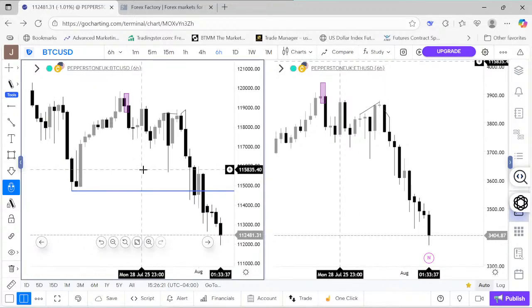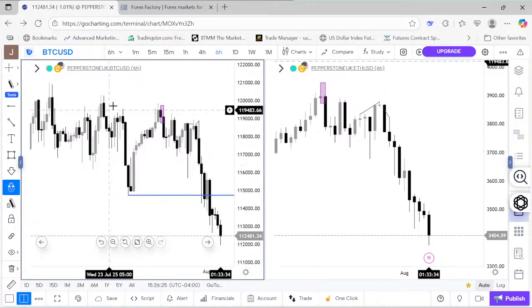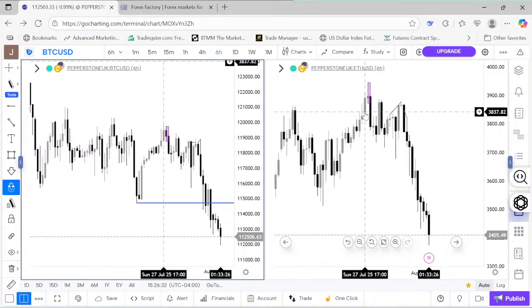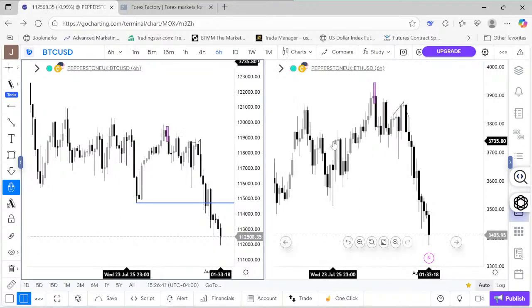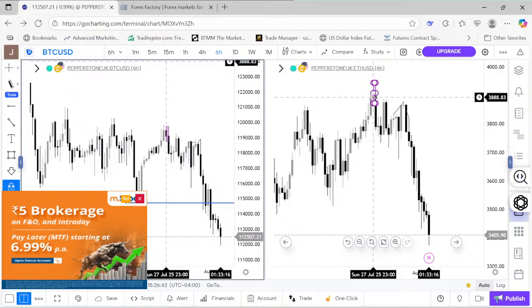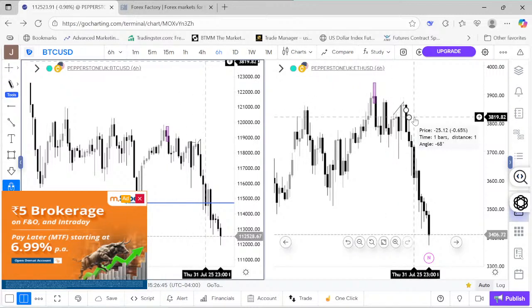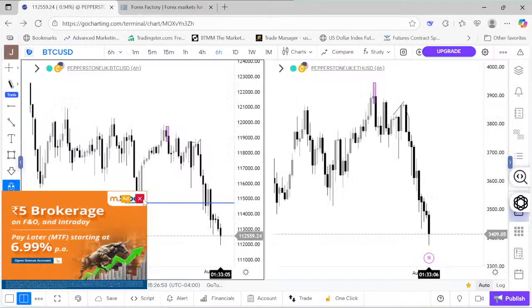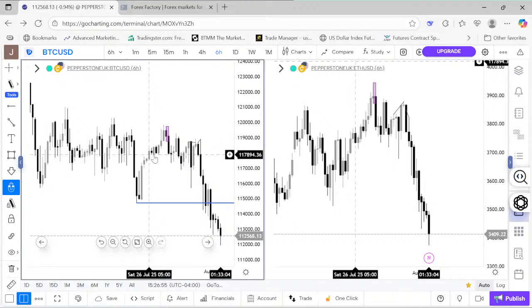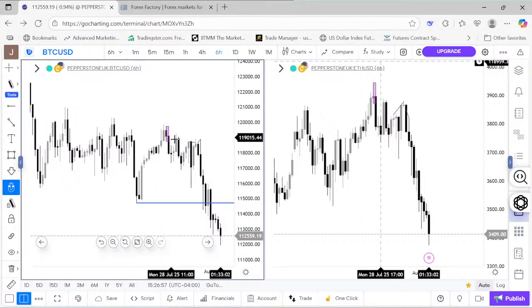All right, so I was referring to what I'm seeing happening on the cryptocurrencies, particularly Bitcoin. There is a cracking correlation between the two assets. The high of last week is above the previous week, and that's the first sign of a change in the direction of price.